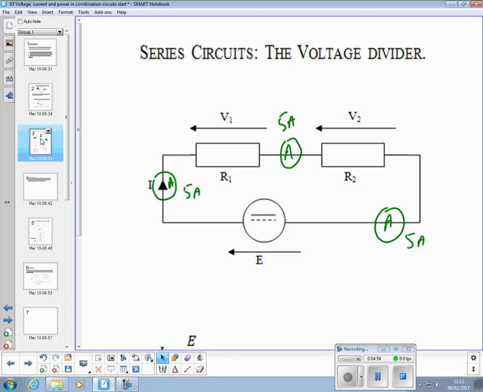Every electron that leaves one terminal has to end up back at the source. We're going to do parallel after this, but in total, every amp that leaves the source ends up back at the end.